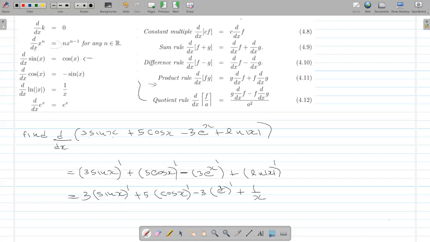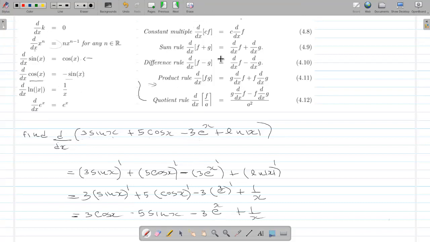Now these are listed here. The derivative of sine is cos, so I write cos x here. And this guy is minus sine, no? The derivative of cos is minus sine, so this will become a minus 5. And then 3. The derivative of ln x is also listed here, so 1 over x.